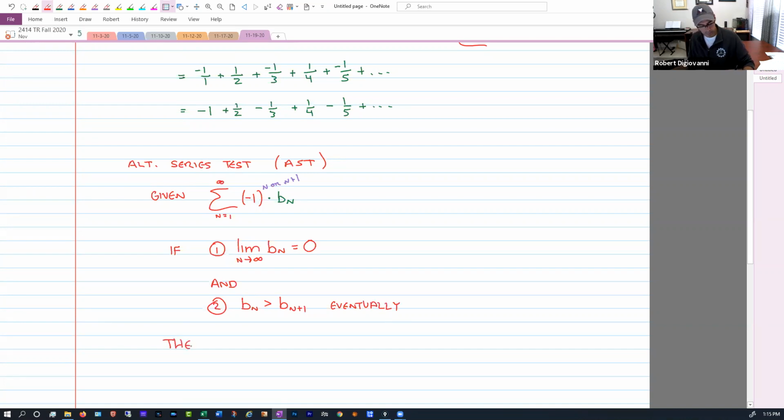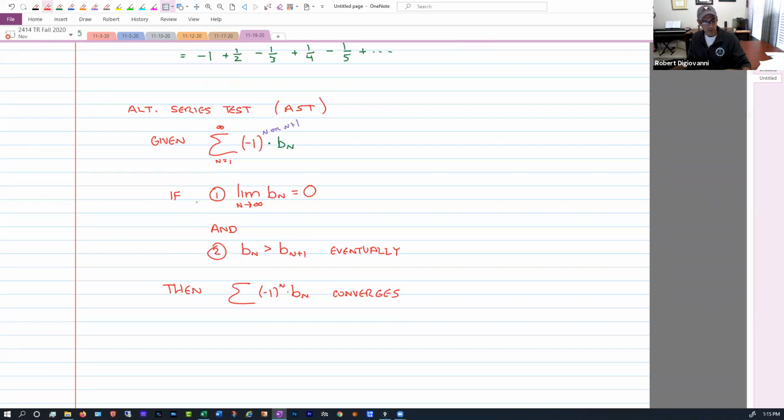Then that series converges. So that's it right there. All we have to do to show an alternating series converges is to show that these two things are true.